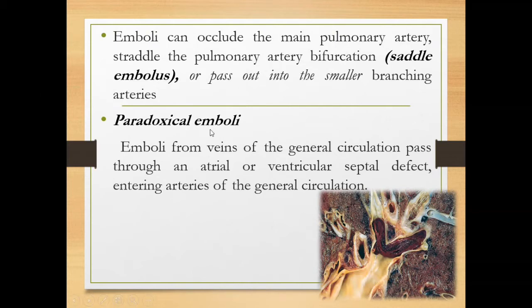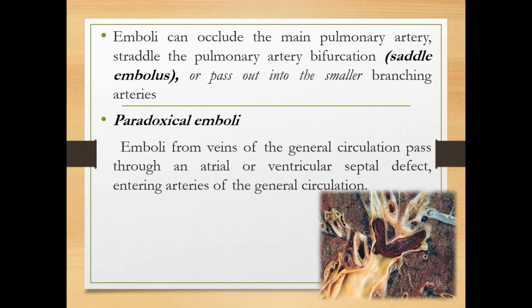What is a paradoxical embolus? When an embolus derived from a deep vein thrombus travels to the right side of the heart, then through septal defects such as a ventricular or atrial defect, it can travel from the right side of the heart to the left side, then enter into the systemic circulation. We call it paradoxical emboli.